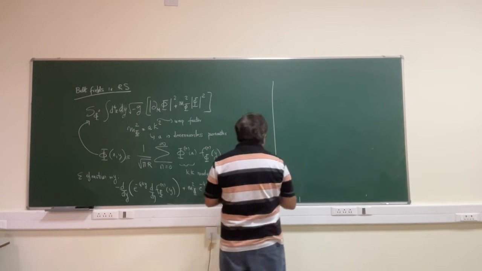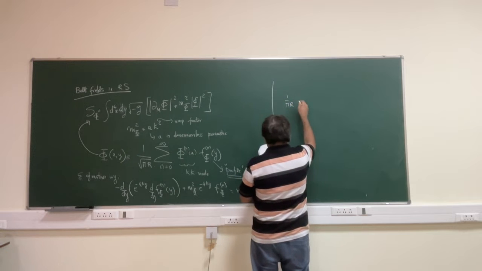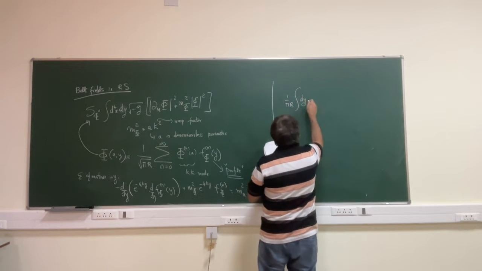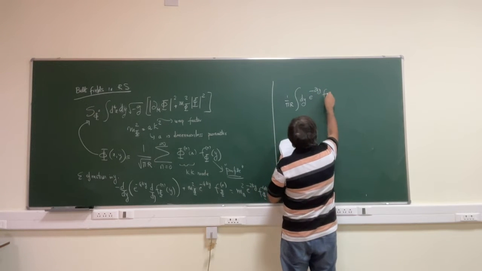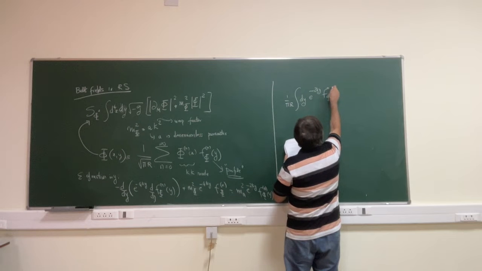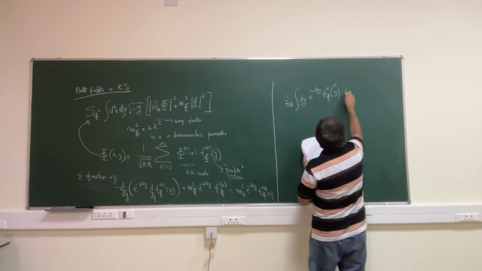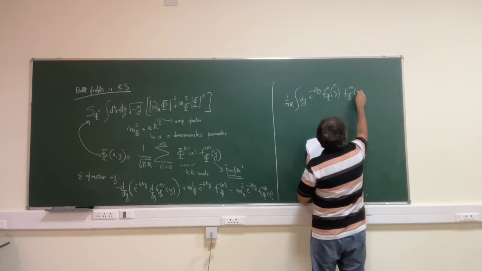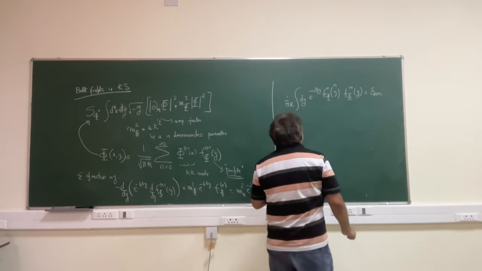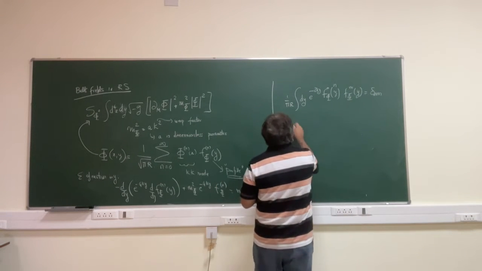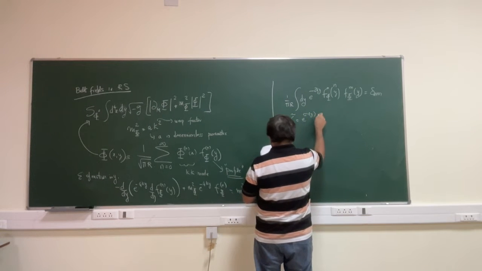So the orthonormal condition you can write as 1 by pi r integral dy e to the power minus 2ky f n star of y f m of y is equal to delta nm. And f tilde is equal to e to the power sigma of y f.